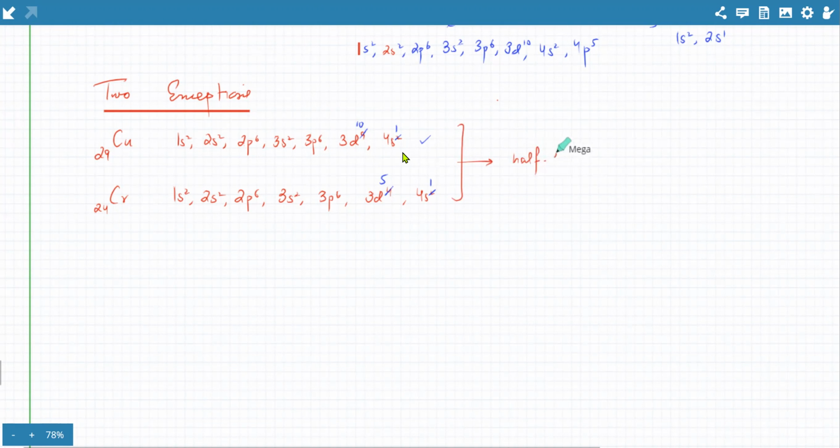This only applies to these two elements, and there are more as well, but we're just going to stick with these two.